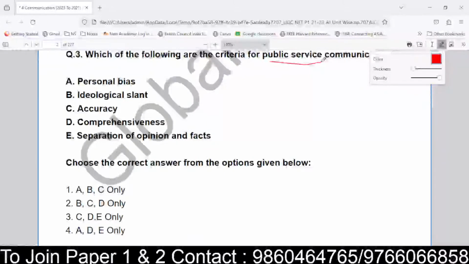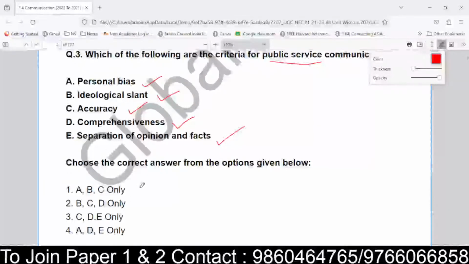The criteria can be personal bias, ideological slant, accuracy, comprehensiveness, or separation of opinions and facts. So you need to select the right option.